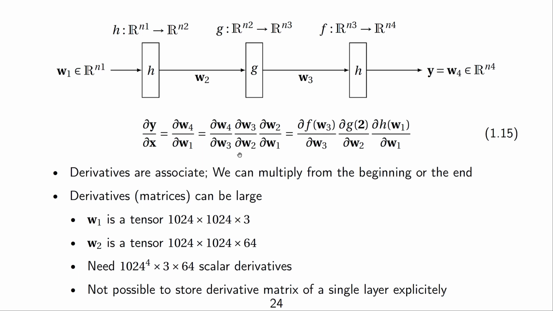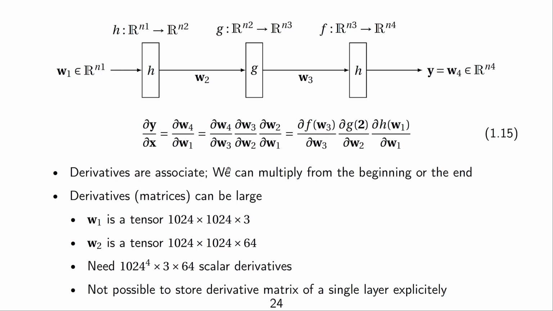So when we multiply this out, we can decide, do we start at the front or do we start at the back? So we could start maybe multiplying this first element with the second element, and then we get some result and we multiply this with the third element, or we start at the back, we take this, we multiply it with this element here, and then this result combined will multiply with this first derivative here.